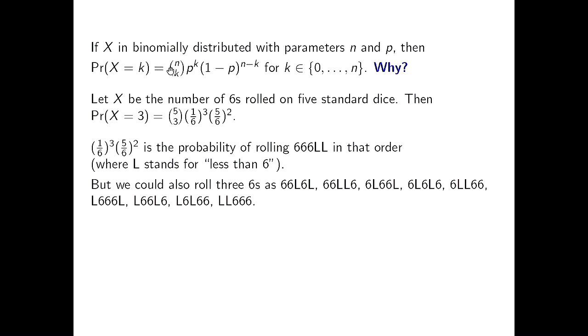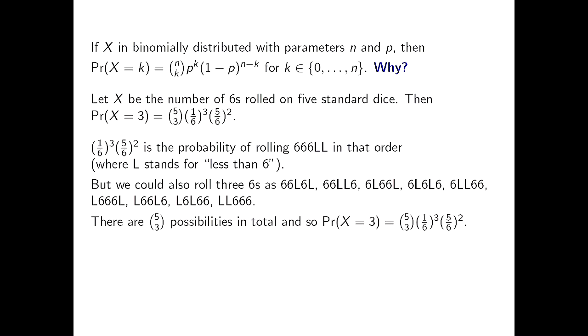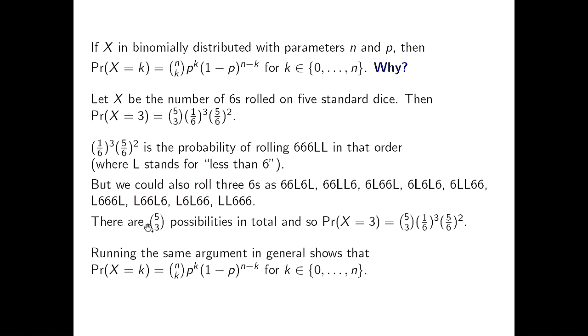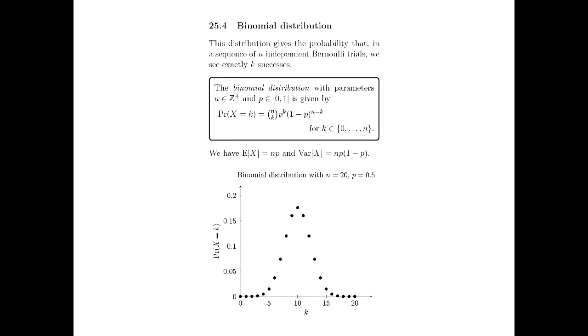Does that make some sense? And of course, if you just generalize that argument, there's nothing magical about 6 or 5 or 3 here. You get that this is our formula in general. Make some sense? Okay. So there we are. That's the binomial distribution.